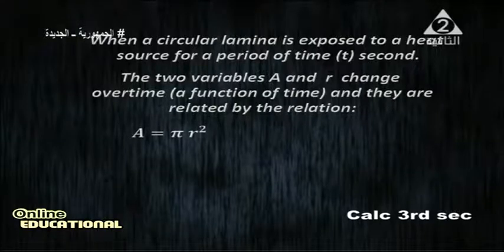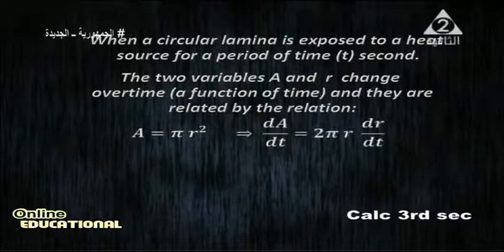Then, by differentiating both sides with respect to time t, we get dA/dt equals the constant pi, times the derivative of r squared with respect to time t, which is 2r dr/dt. Then dA/dt equals 2 pi r dr/dt.